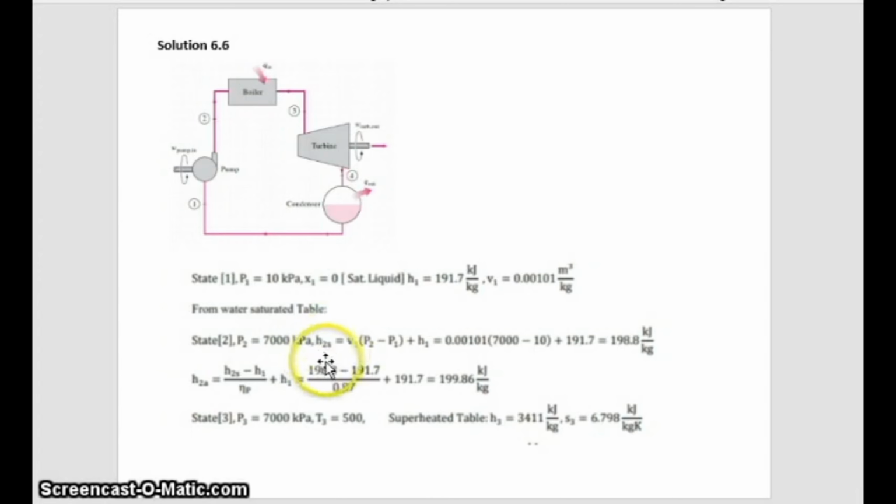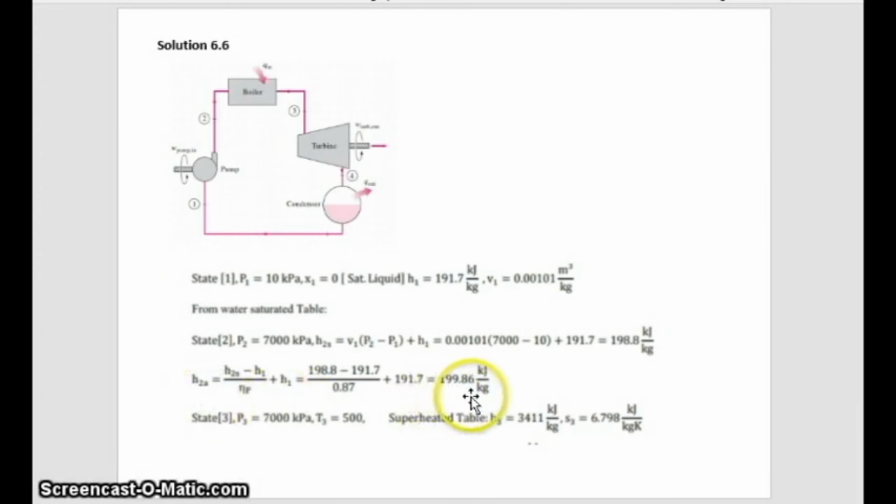H2s, that means for ideal, is v delta P plus H1. This is the pump work formula. So using this equation, you will get the H2s value. Okay, from there, using the isentropic efficiency for pump equation, simplify that equation, then you will get the actual value for H2a.